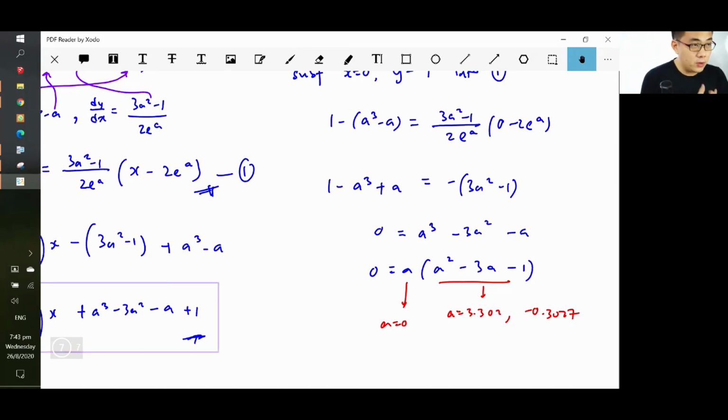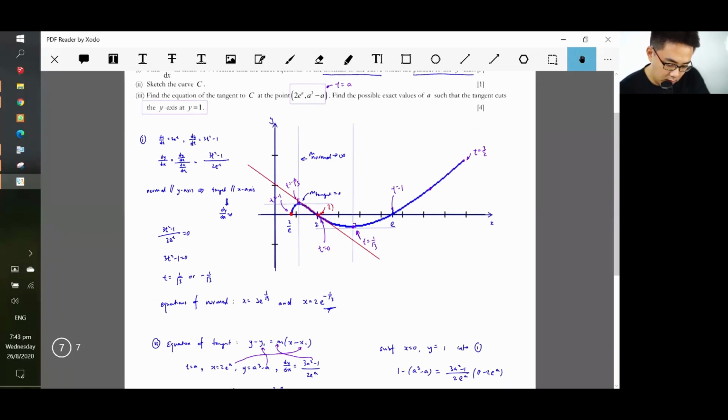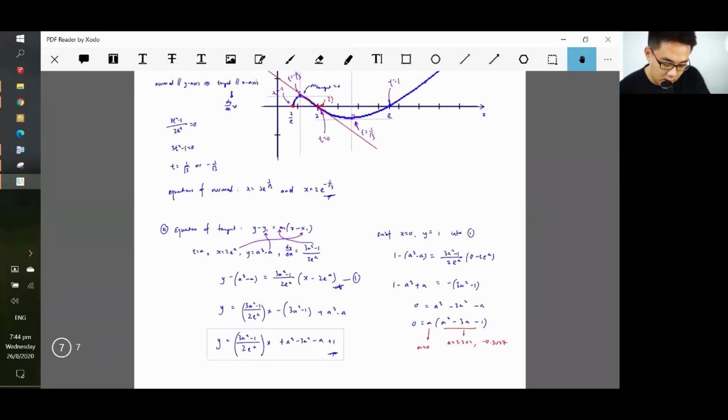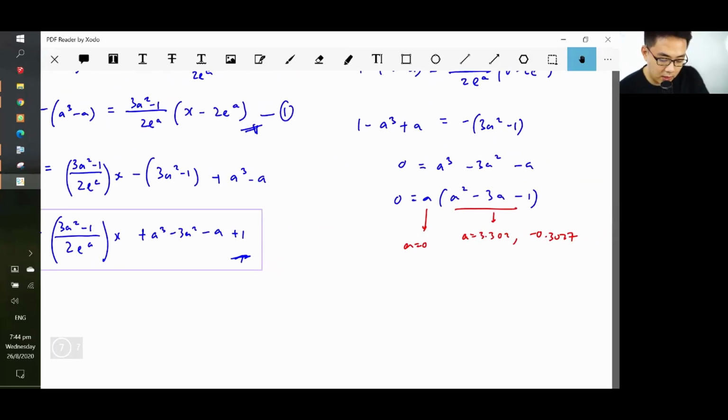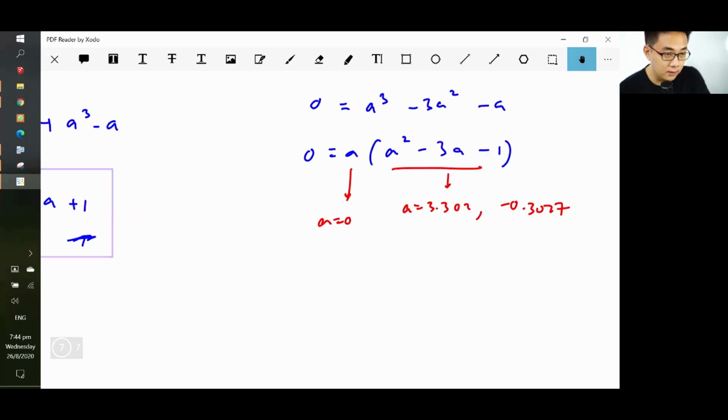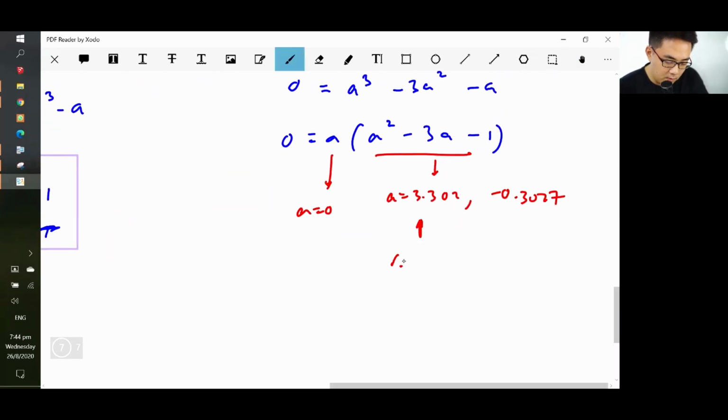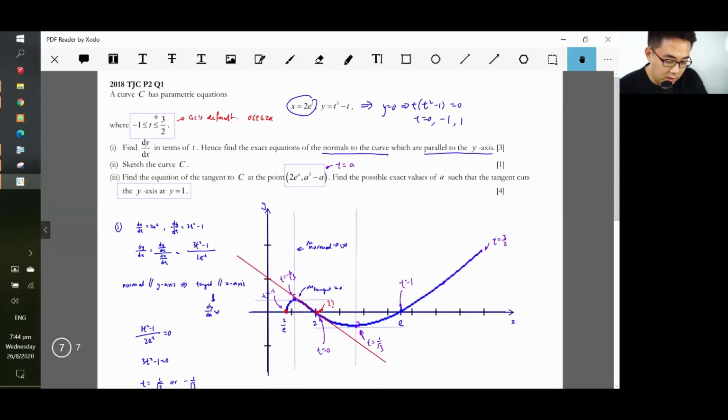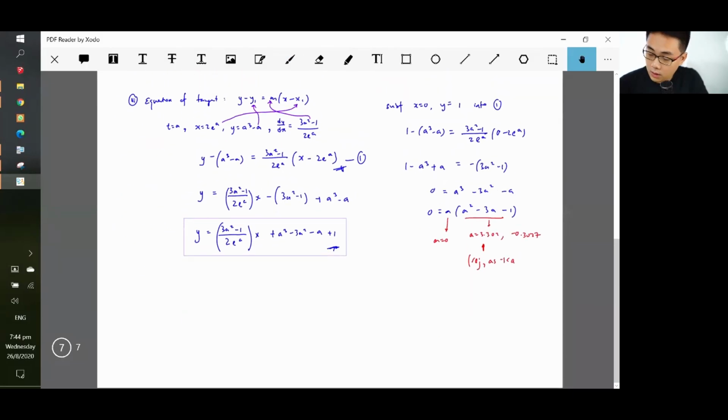They want the exact value, right? So you need to actually find, there's another point. Okay, there's another, so you need to check. So you need to reject this one here. Okay, why? As a is minus 1, because parameter is only allowed from minus 1 to 3/2.